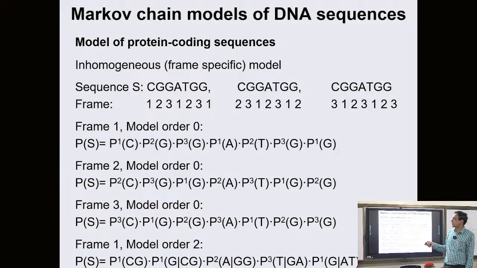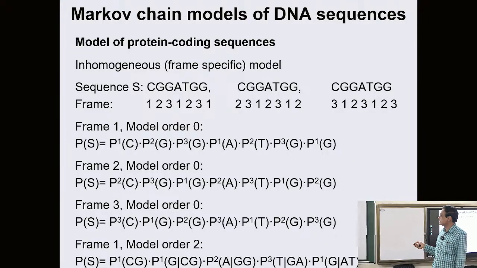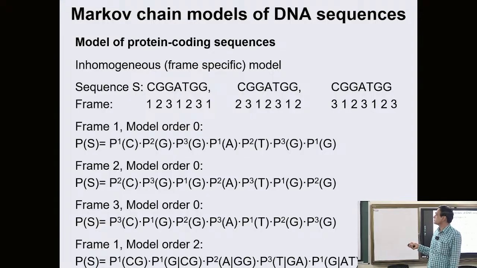So next is 1, and then 2, 3, 1, 2, 3, and so on. Considering all these three possibilities, we can now compute the probability of this sequence to be a gene, or a protein coding sequence, in frame 1. So if frame 1, then you have to consider this.